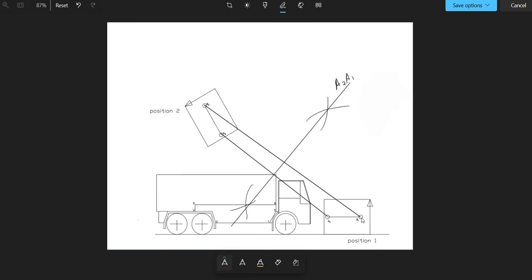So I stand at B1, I open more than half, create an arc. I stand at B2, I open more than half, I create an arc, and then I'll draw a line to pass through this line as well.